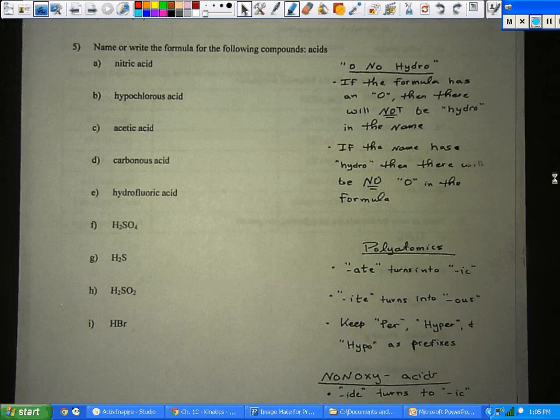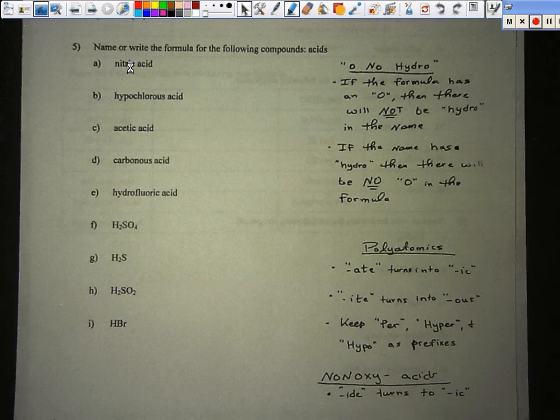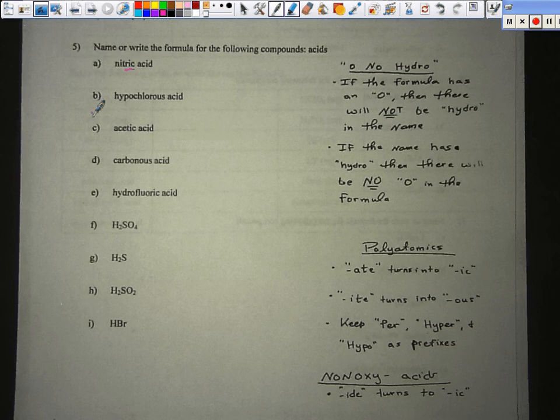Well, ic turned into or came from what? Ate. Ic came from ate. So nitric was really what? Nitrate. What is nitrate? NO what? 3 negative. You need to know this. Hydrogen, when it's not with a metal, and I'm specifically saying this for a reason, when it's not with a metal, is always 1 plus. How do I know that?